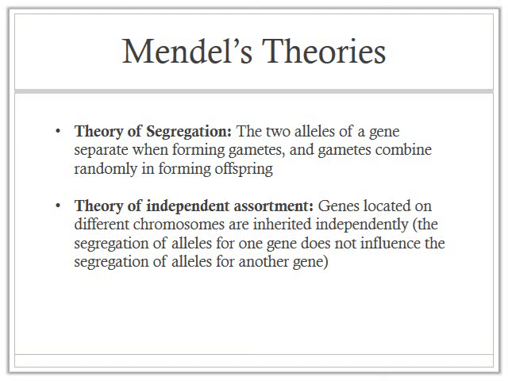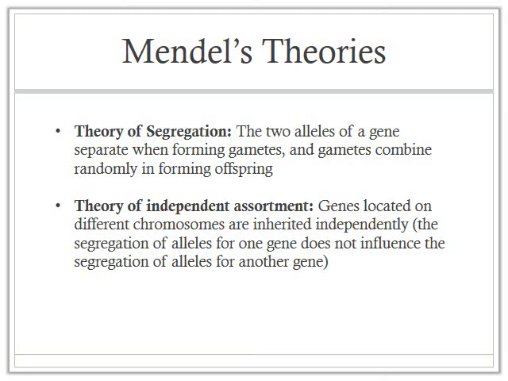So if these genes are on different chromosomes, they will not affect one another. They will both randomly assort. They will randomly segregate, as we saw in that dihybrid cross. One will not influence the other.